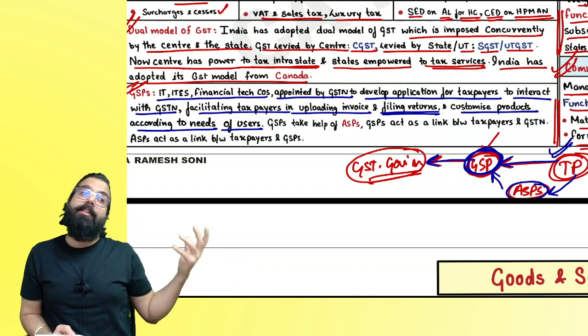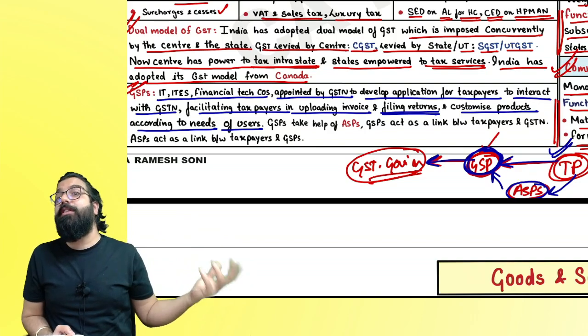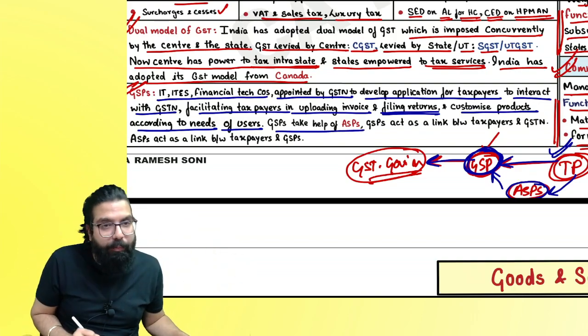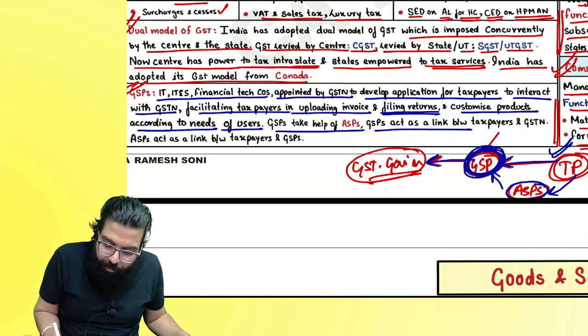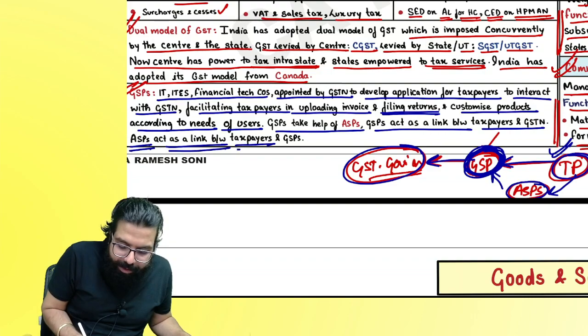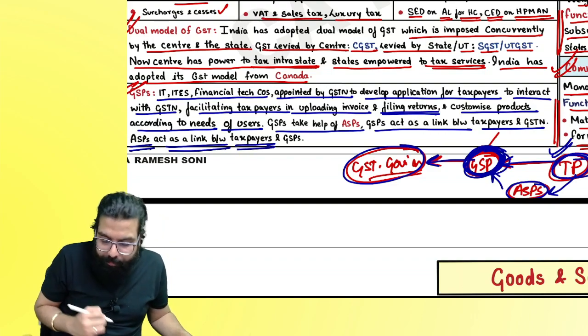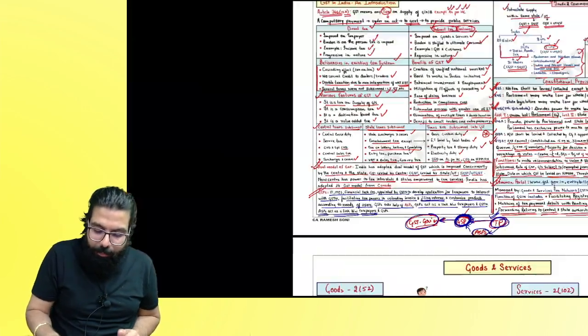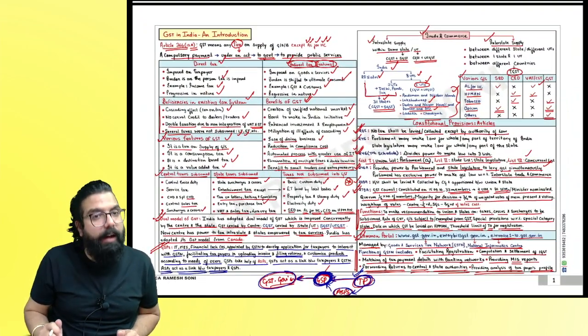If the user is Reliance, might be the product will be different. If the user is Tata, might be the product will be different. Then it says GSPs take the help of ASPs. GSPs act as a link between whom? Taxpayer and GSTN, that is gst.gov.in, and ASPs act as a link between taxpayer and GSPs. Are we clear, everyone? ASP is application service provider. GSP is what? GST Suvidha provider.